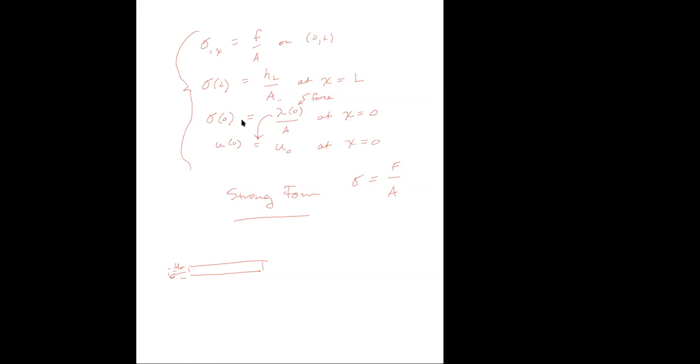You can always derive a strong form from a weak form, but remember, in the weak form we haven't discretized yet. We're still in the infinite dimensional setting. So your method, once you discretize, is going to be approximating these strong form equations. Okay, any other comments or questions?